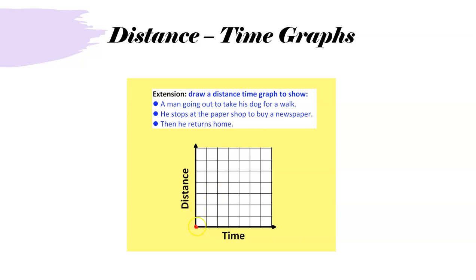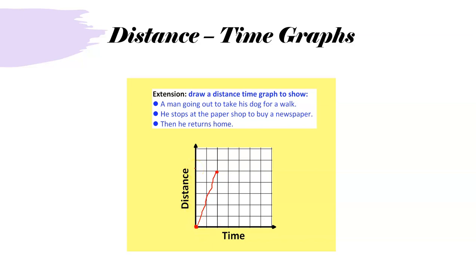So the first part of his journey might look like this. He might walk to a certain point here. Now that should be a straight line. It's very crooked, but I haven't got a ruler to rule it. So in this section, he is taking a certain amount of time here to cover this amount of distance.